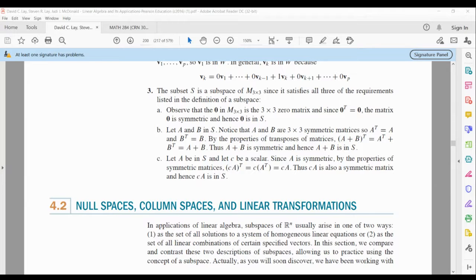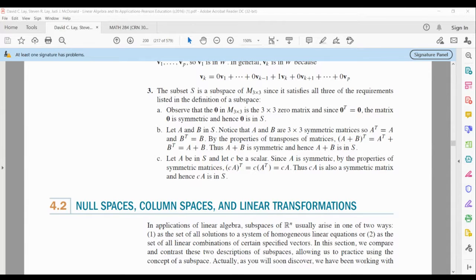All right, so once again in section 4.1, you learned about vector spaces and subspaces. A big part of section 4.1 was identifying when you had a subspace of a vector space, and the subspace itself is a vector space, because it would follow the conditions of a vector space, but there are only three conditions that you would need to formally prove.